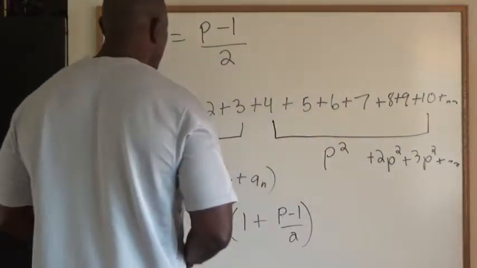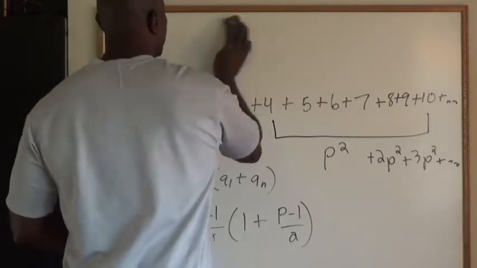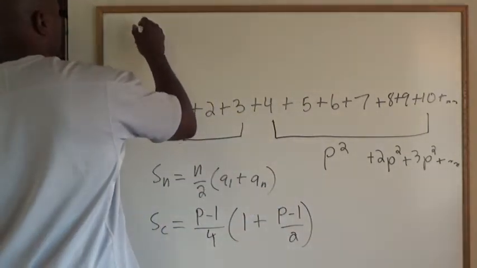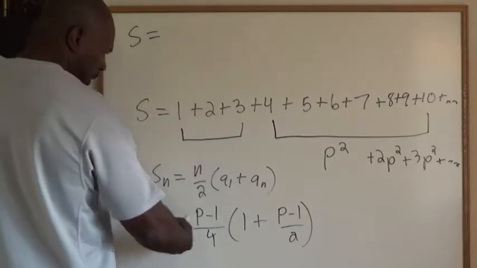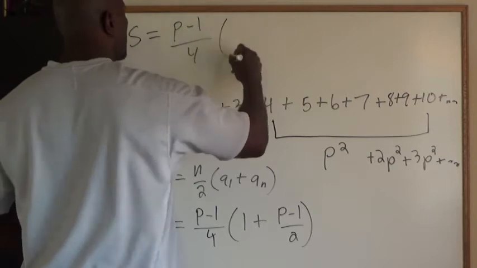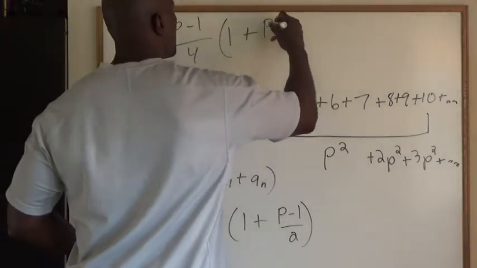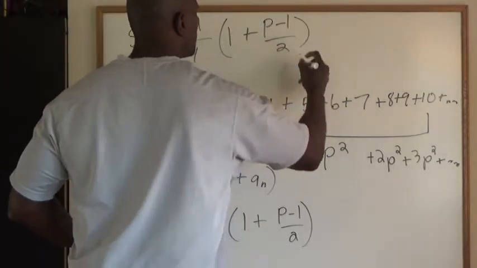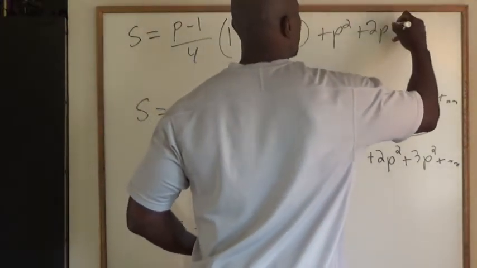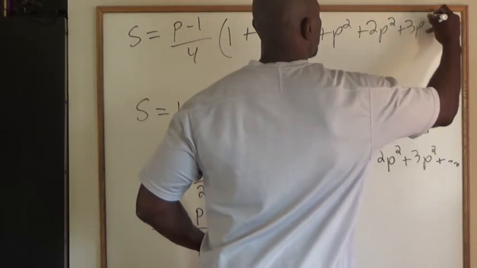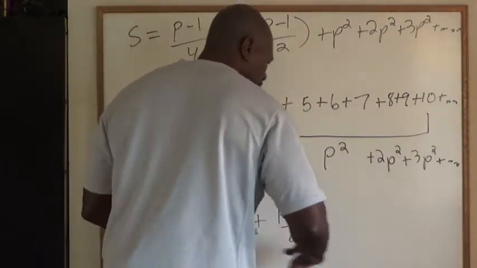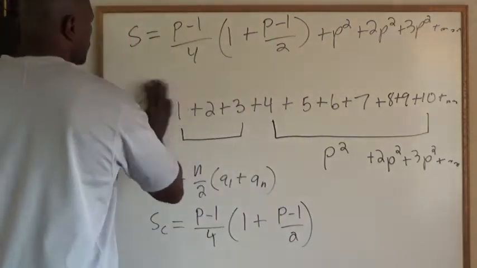So if we look at it, S is this sum here, (p minus 1)/4 times (1 plus (p minus 1)/2) plus p squared plus 2p squared plus 3p squared, and so forth.